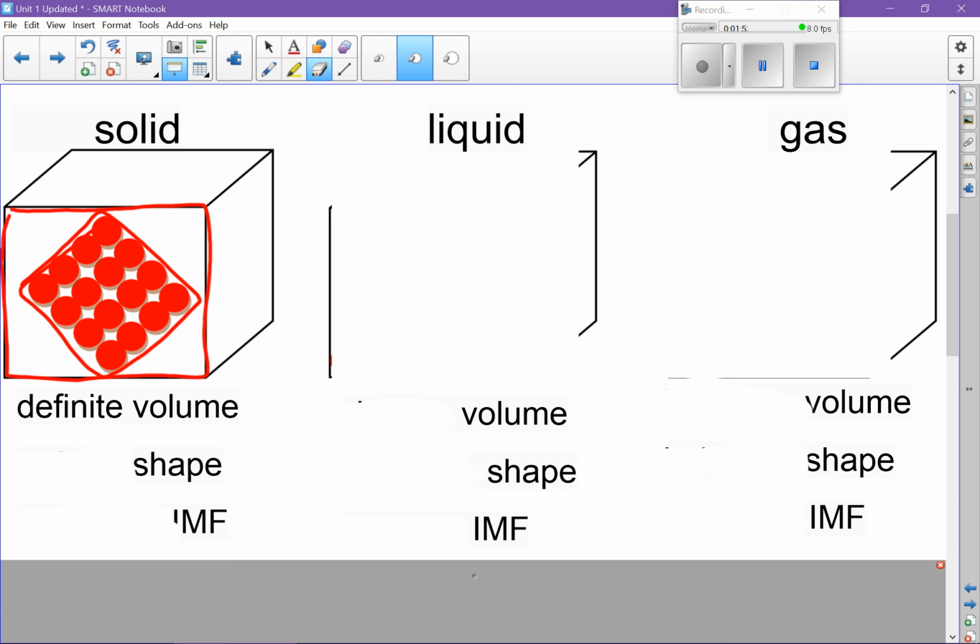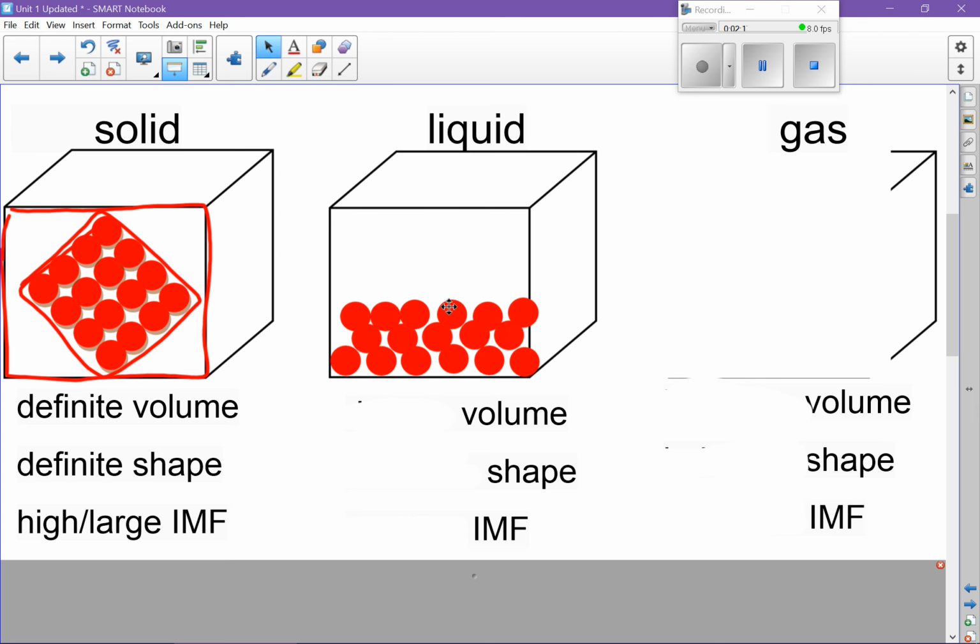Same thing for the shape. Even if I took the solid out of this container, its shape would not change, which makes it definite. The reason why is because solids have very high IMF or very large IMF, so it's really strong forces holding all of those particles next to each other, and that gives it the definite shape and volume.